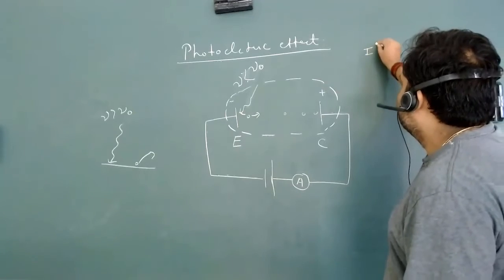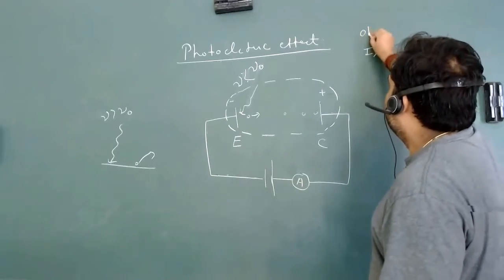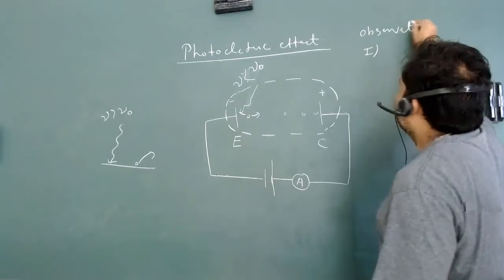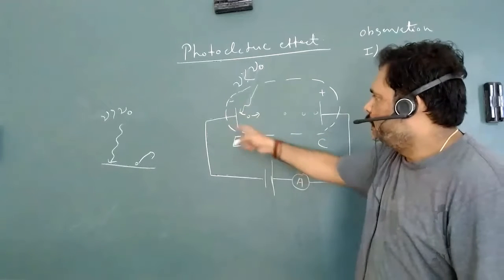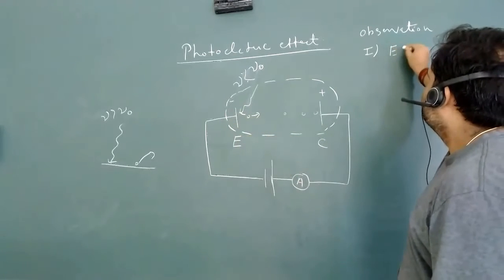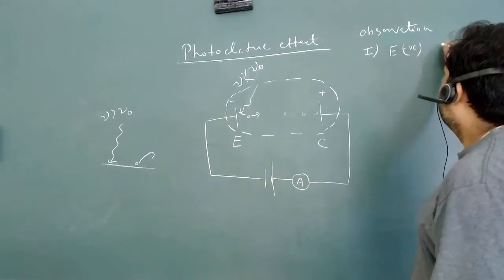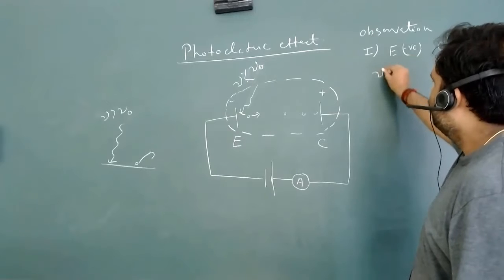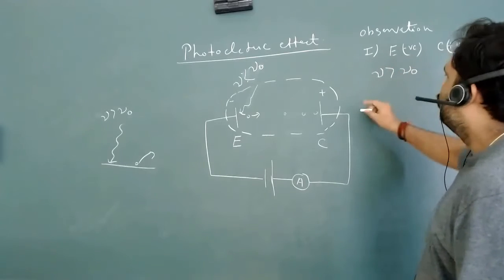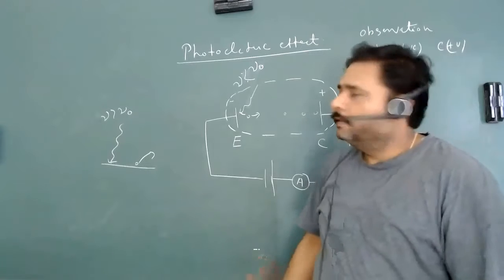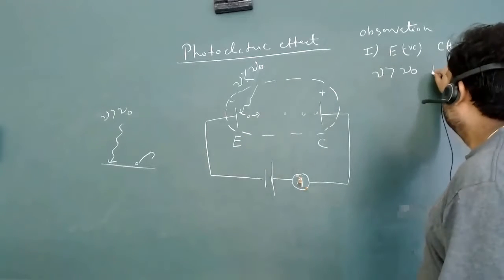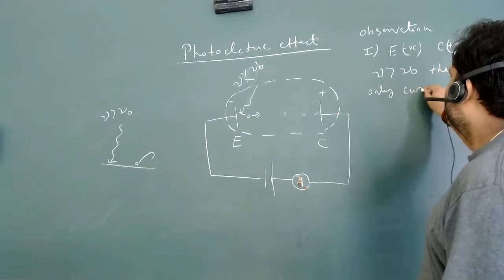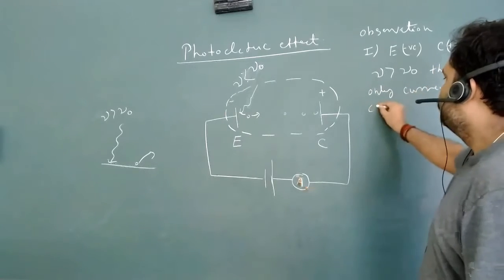So what is the first observation? Here we are writing the observations. The first observation: suppose the emitter is negative and the collector is positive. What we have seen is that if nu is greater than nu naught, then only current can be measured.